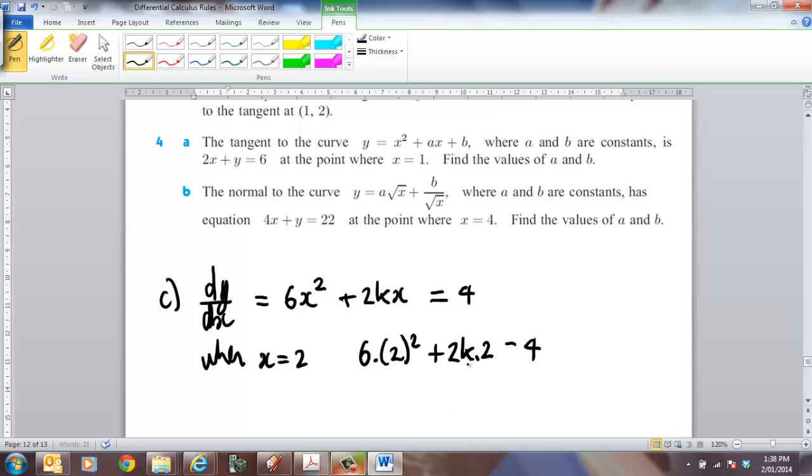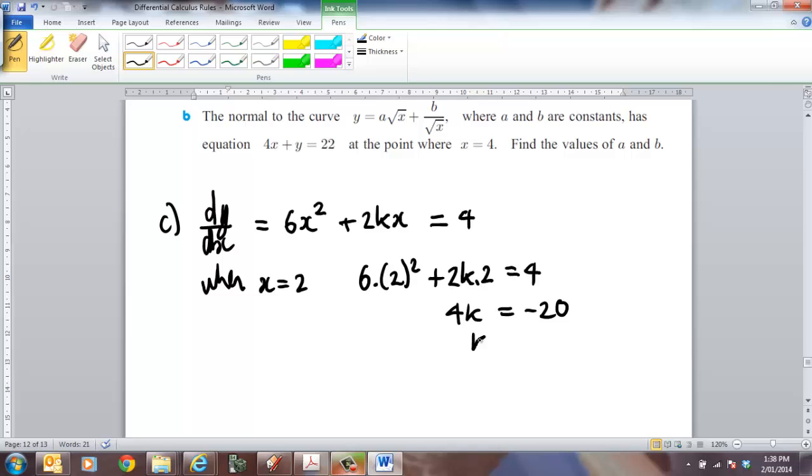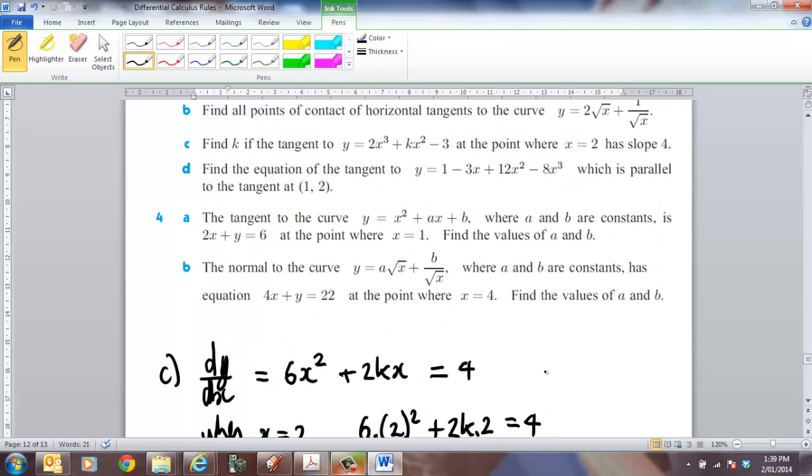Well, the only unknown there is actually k, so I'd better work that out. That's going to be 12; bring that across as minus 12. So therefore we have 4k equals 4 take 12, which is minus 8, so k has to be equal to minus 2. Now, because you're year 12, you don't have to show every step, and we know you can do basic algebra in your head. Do I have to do any more than that? Have I answered the question? Yes, I have. I've used the concept of the slope of the tangent with my dy/dx. That's the key thing there.